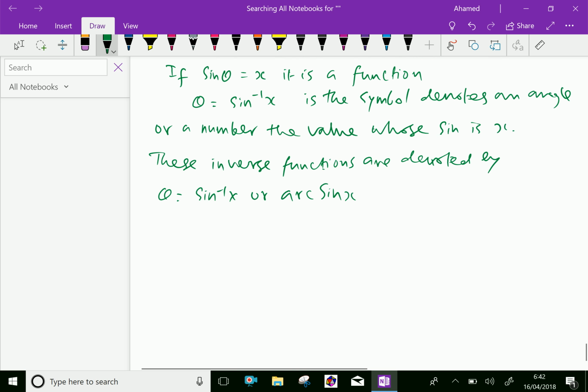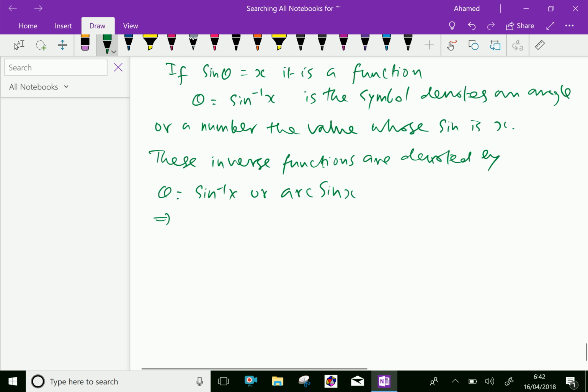Similarly, if suppose y equal cos x, then we can say x equal cos inverse y or arc cos y.